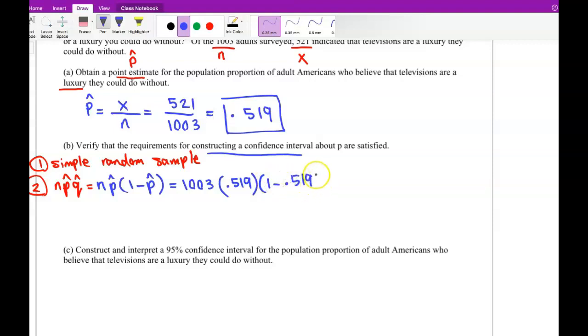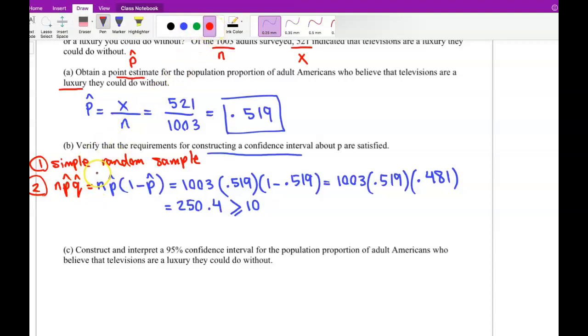Subtracting, we have 0.481. So this is equal to 250.4. This is greater than or equal to 10.